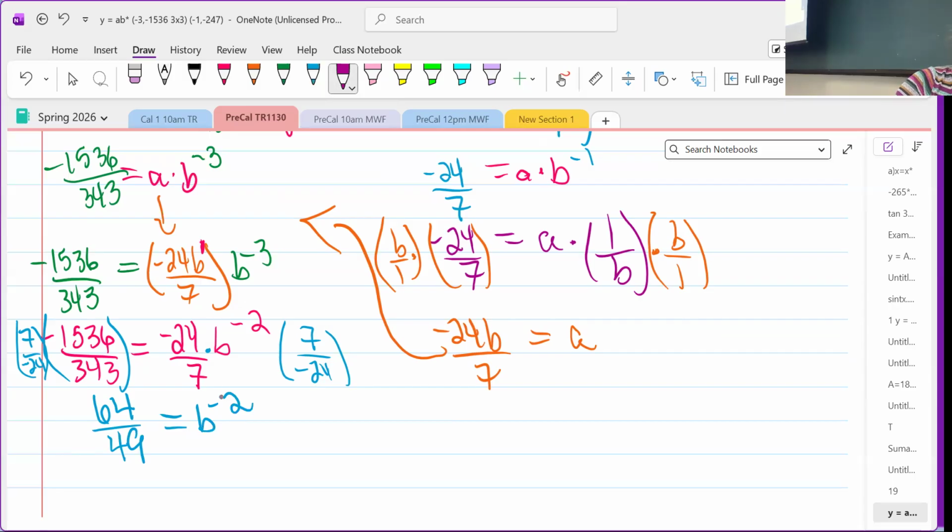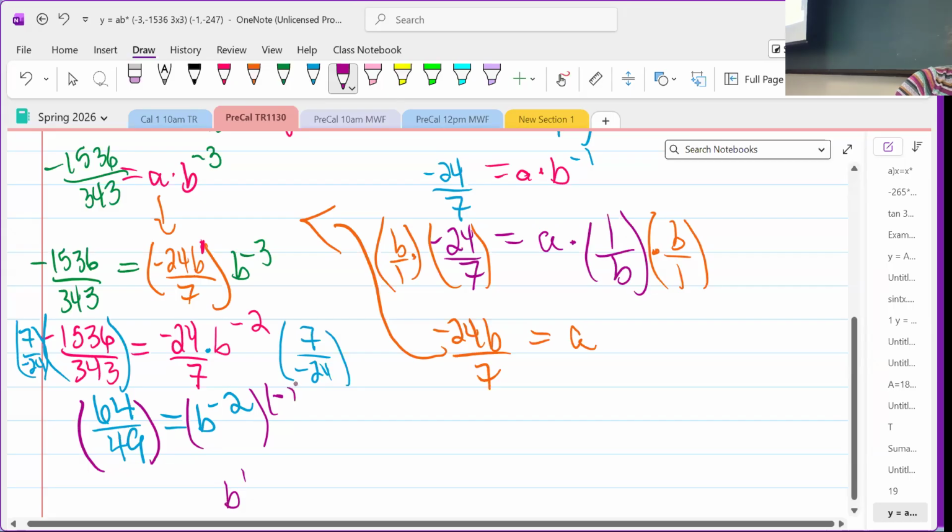Now b to the negative 2, I need to cancel out the negative 2 power. I can only do this using another power. I need a negative power, so that negative times negative will be positive. And to get rid of the 2, because I'm trying to turn this into b to the first, I need a 1/2.